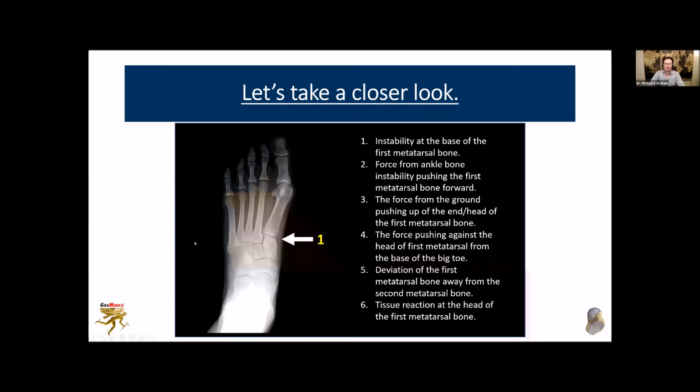So the number one deformity of why somebody gets a bunion, it all starts because they have an instability at the first cuneiform joint. So you have to have that. If you don't have that, then the patients could end up with hallux limitus, or just that trauma to the first metatarsal head, but with a straight metatarsal bone. So the only way that the first metatarsal bone is going to deviate medially is because of the weakness of the first cuneiform joint.